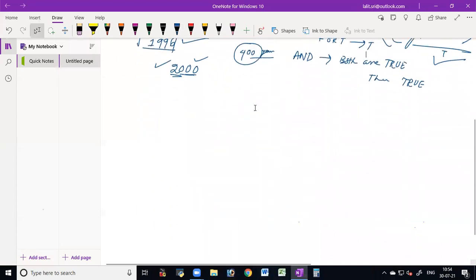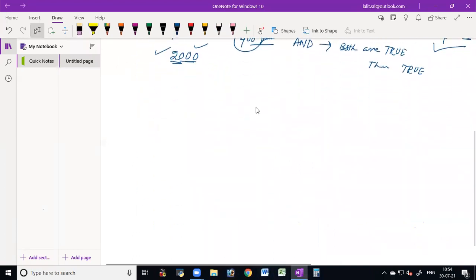So when we have to write the algorithm or draw the flow chart, we have to write like this. Step number 1, start.